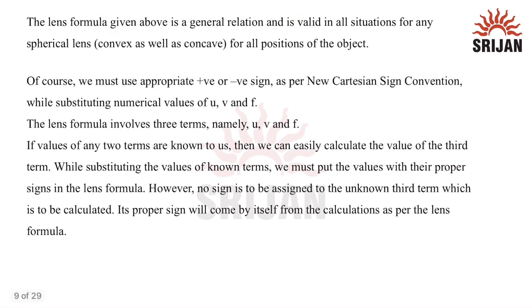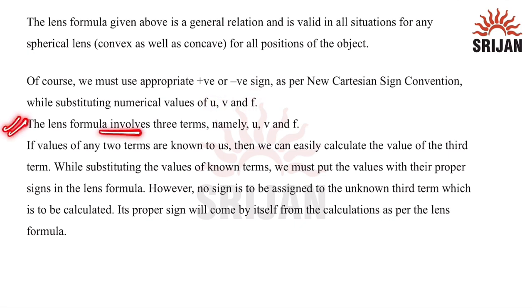Now, the lens formula given above is valid in all situations for any spherical lenses, convex as well as concave, and for all positions of the object. Of course, we must use appropriate positive, negative sign as per the new Cartesian sign convention while substituting numerical values of u, v, and f.